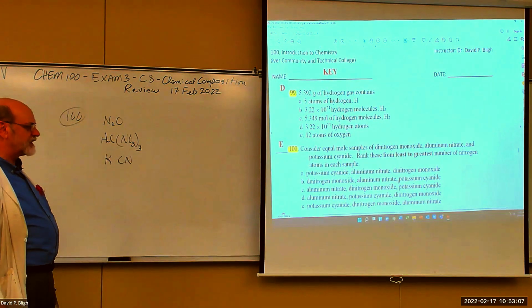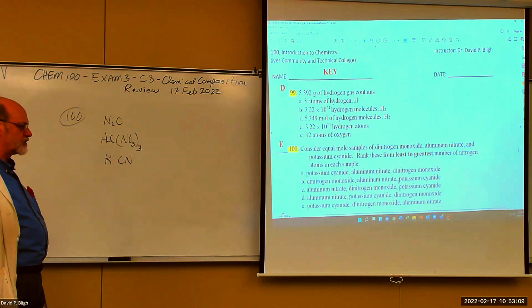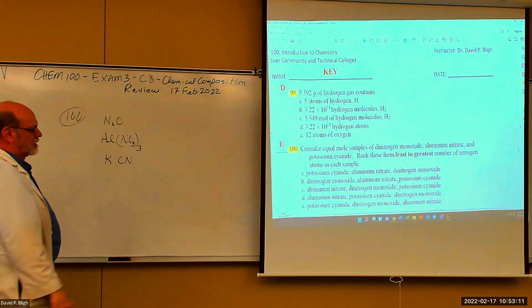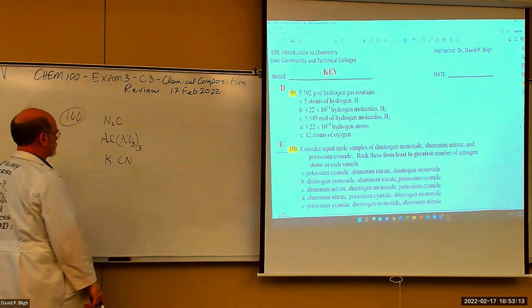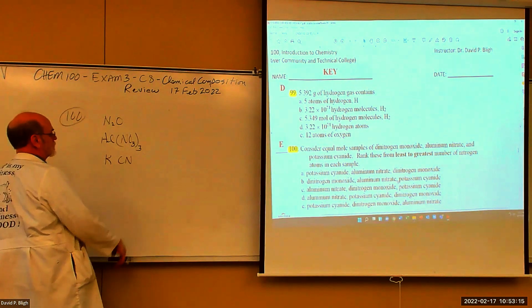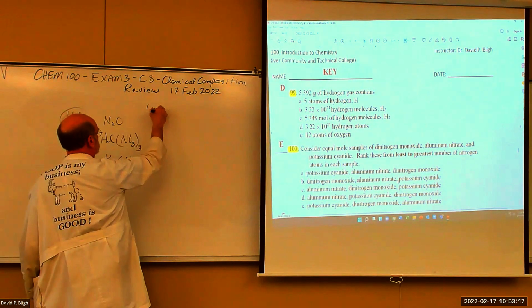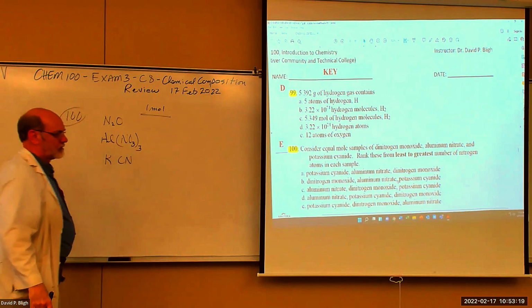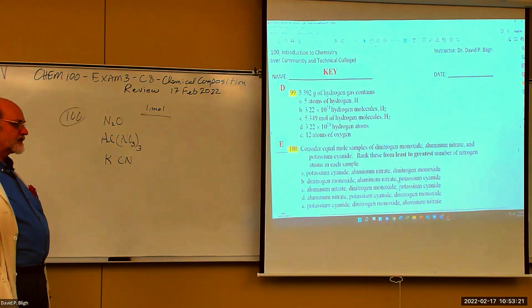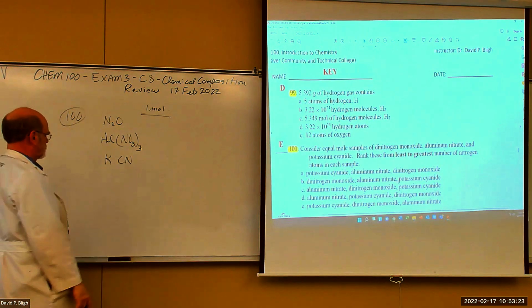Rank these from least to greatest number of nitrogen atoms in each sample. Okay, equal mole samples. So let's just say we have a mole of each, right? 1 mole of each one. Right? So which one has the least to the greatest?